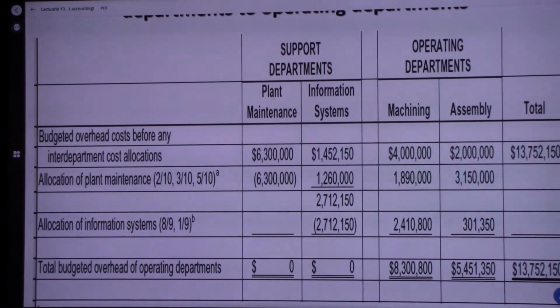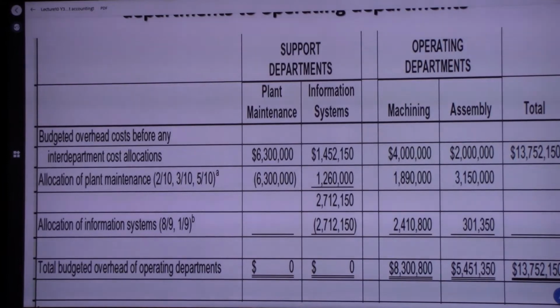Multiply the ratios with the total cost available for plant maintenance, and you will have that for information system you are going to allocate 1,260,000. For machining, you are going to allocate 1,890,000 US.